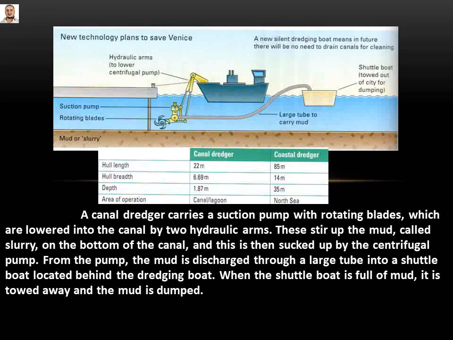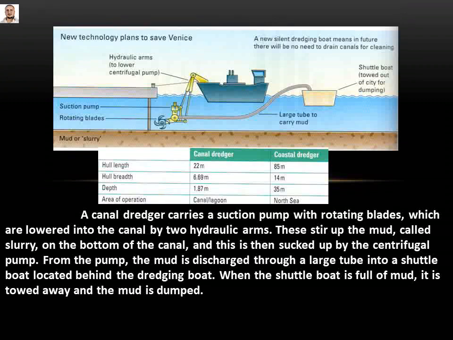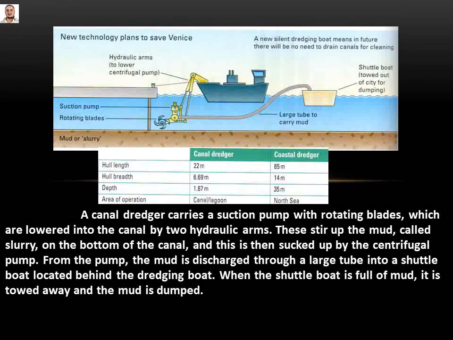From the pump, the mud is discharged through a large tube into a shuttle boat located behind the dredging boat. When the shuttle boat is full of mud, it's towed away and the mud is dumped.